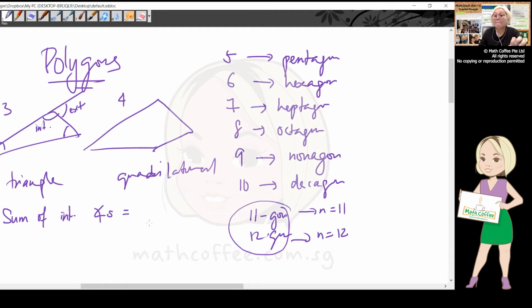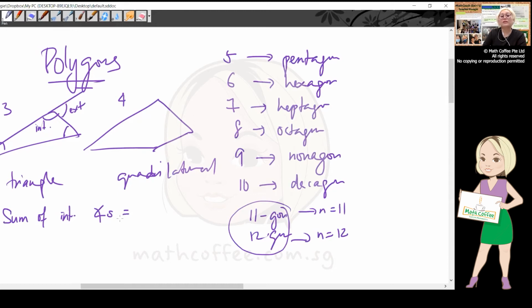All these are important things to remember for polygons. Later we will do some questions and apply these formulas. In school, when your teachers teach you this kind of summary, you must always take it down. Don't just listen. How much memory can we have? You cannot remember everything, so always write it down.